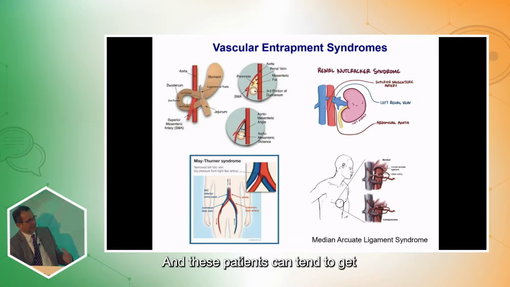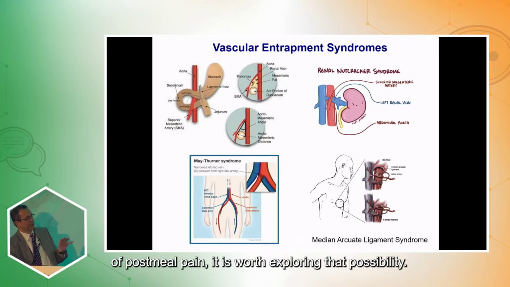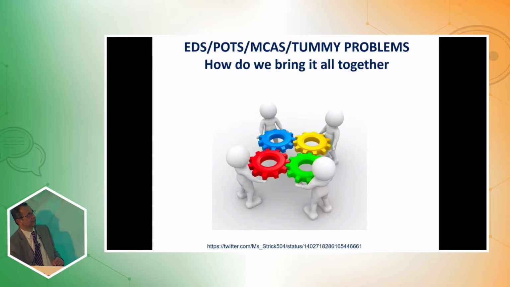These patients can tend to get a lot of post-meal pain. We don't know what the incidence is in EDS patients, but in younger patients, particularly with a lot of post-meal pain, it is worth exploring that possibility.